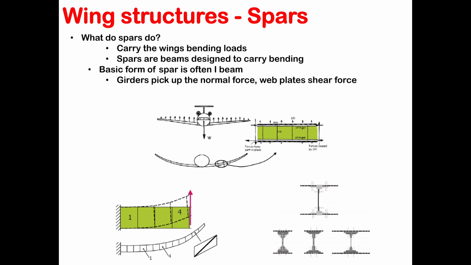And they're going to have the same function as the ribs do. So the deflection, you expect the deflection near the wing root to be significantly smaller compared to the deflection near the wingtip, right? And spars are there to essentially distribute this deflection.